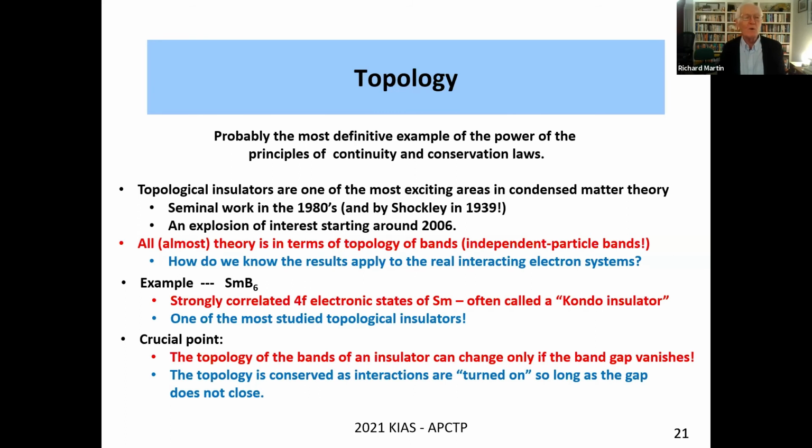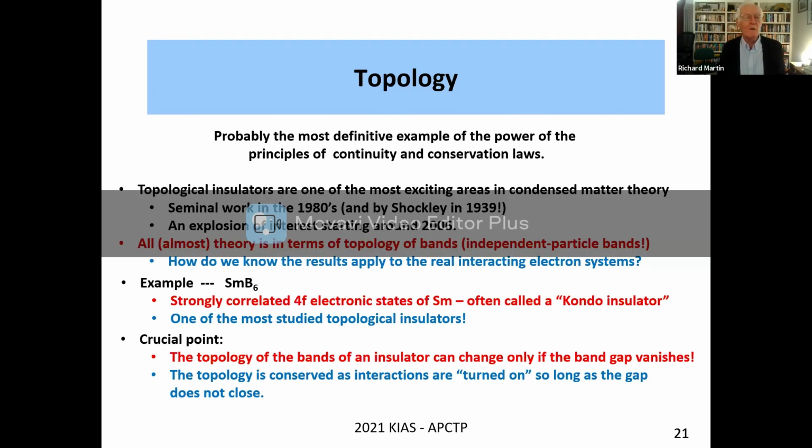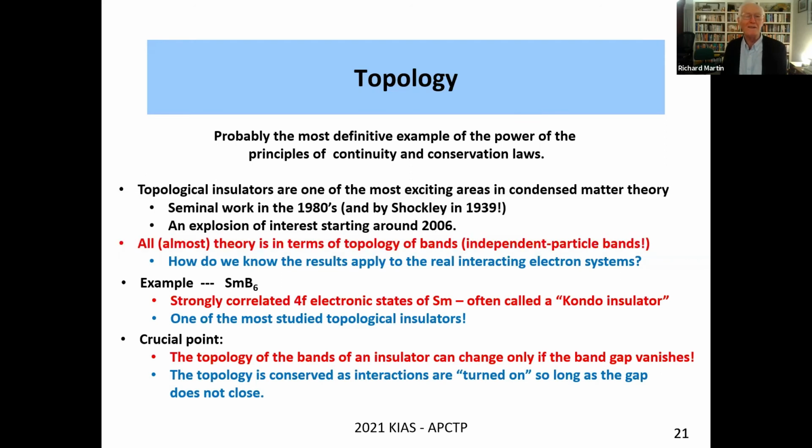The seminal work understanding them was started in the 1980s, but remember that I pointed out a forerunner by Shockley in 1939 that actually contains many of the ideas of types of topological insulators that people talk about nowadays.